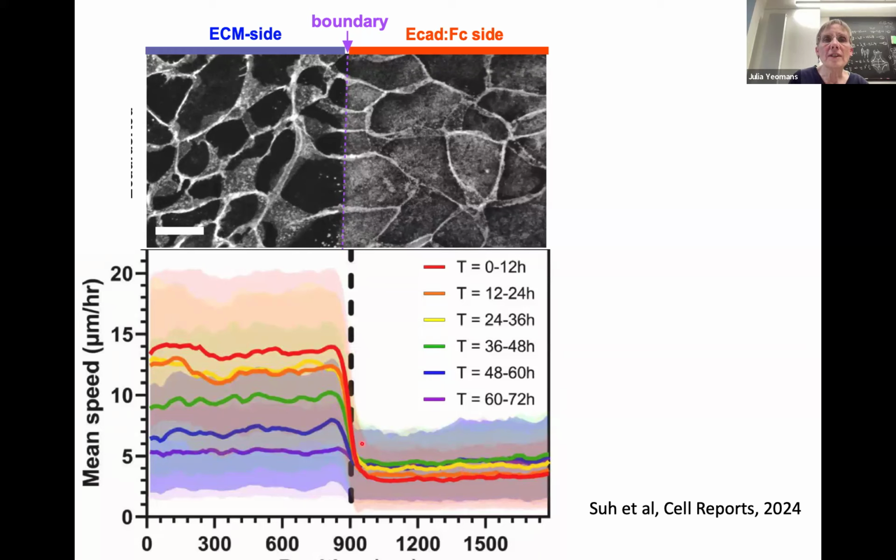And this crossover is of order the width of one cell, actually less than the width of one cell. I mean, as you can see here, the crossover is very, very sharp. So it obviously matters a lot what material these cells are sitting on. And for some reason, they can sense it over very, very short length scales.